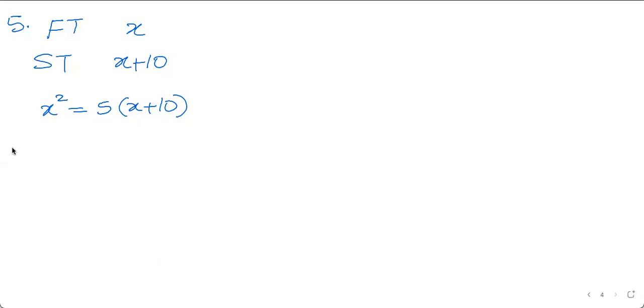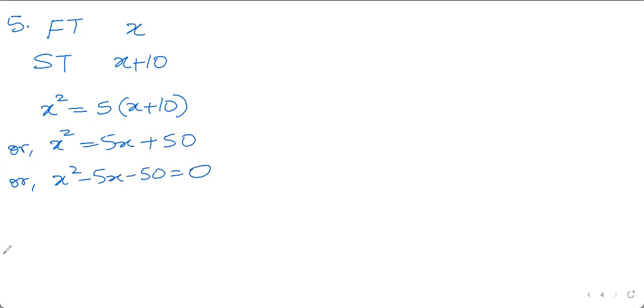We will have to form the equation in the general form. So expand: 5x plus 50. Now move everything to the left hand side. So x square minus 5x minus 50 equals 0. We have the equation in the general form.